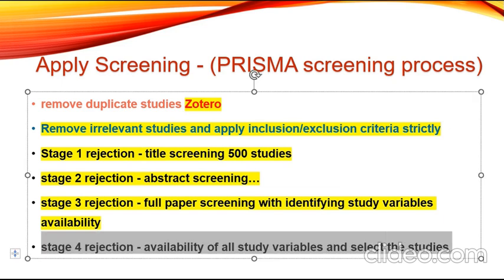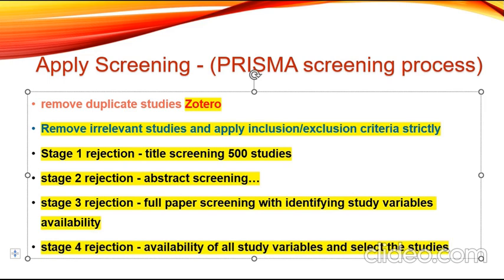In stage 3, you have screened the full paper for the availability of study variables per your requirement. If it is a qualitative study, you should see whether a qualitative outcome is given for your study variable or not.